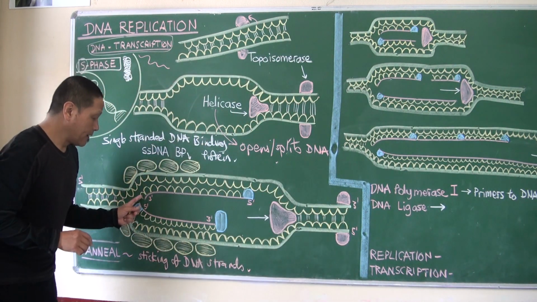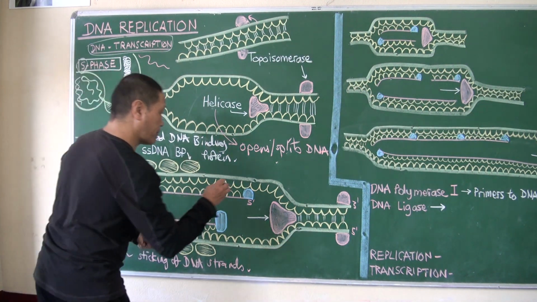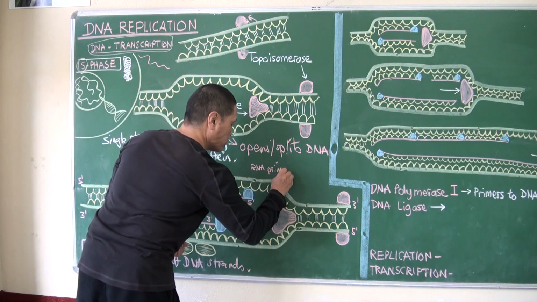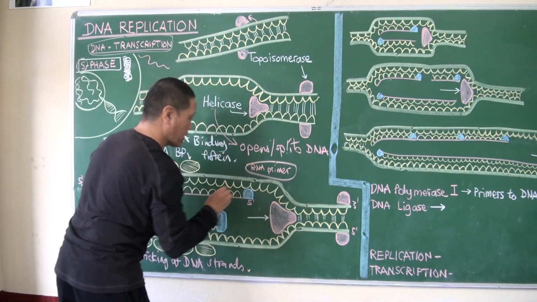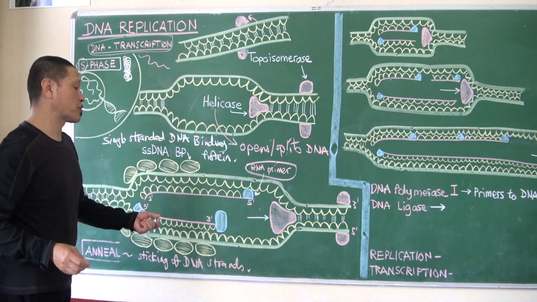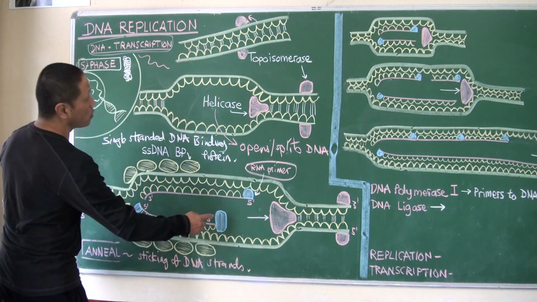Now, when this happens and the helicase and topoisomerase are moving forward, we find that an RNA primer latches on to the portion that needs to be copied. This is the RNA primer, the blue ones.